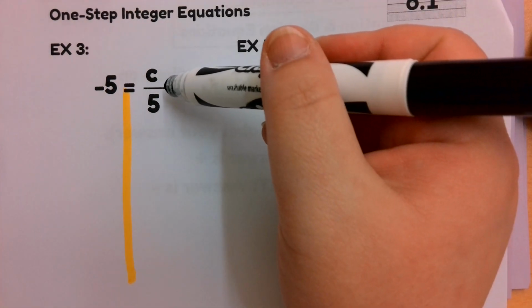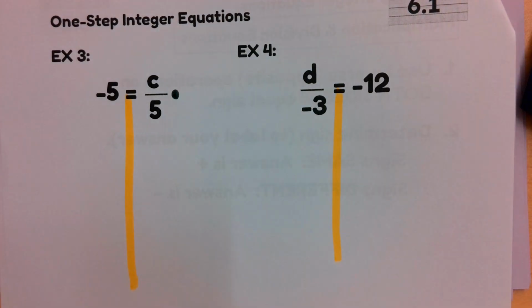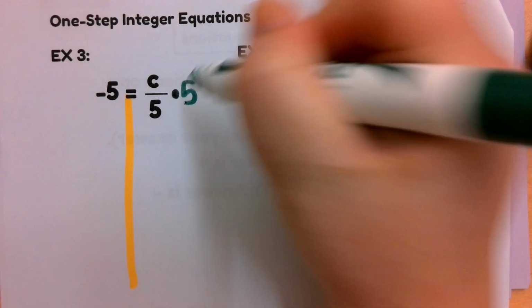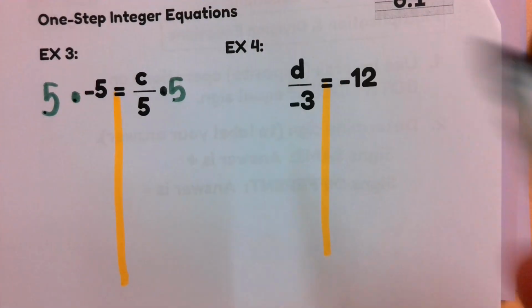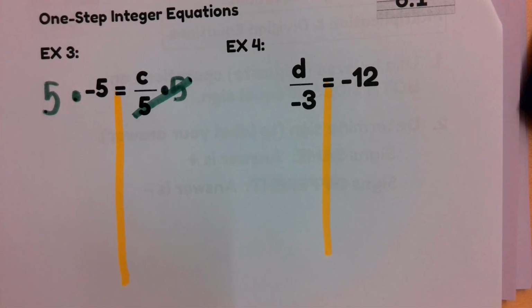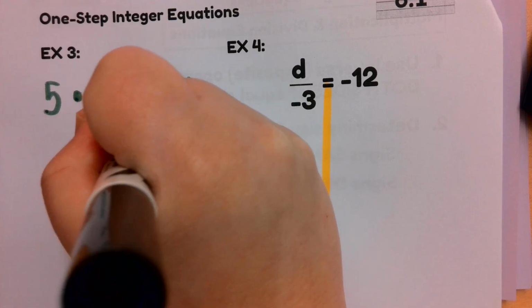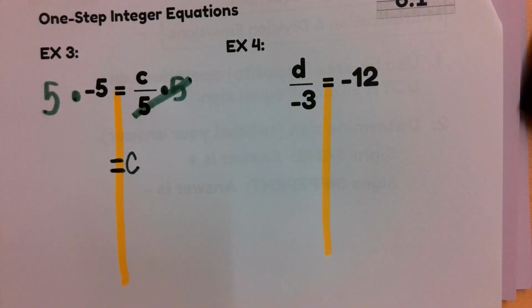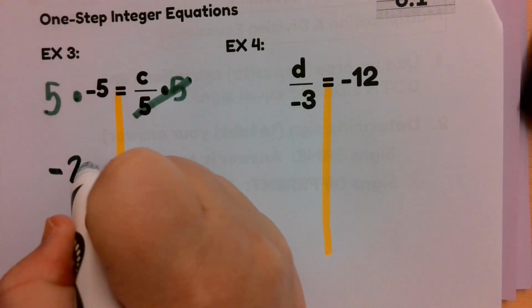So I have to think, what's the opposite of dividing by 5? Oops, that is multiplying by 5. The divide by 5 and multiply by 5 cancel out. So c stays on the right side. And then 5 times negative 5, oh yeah, that's negative 25.